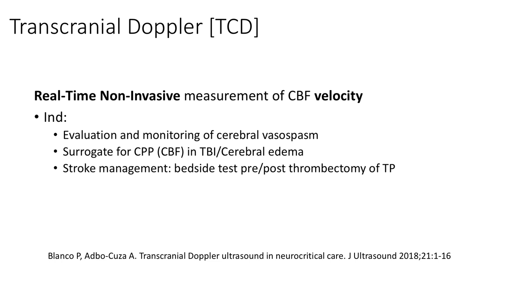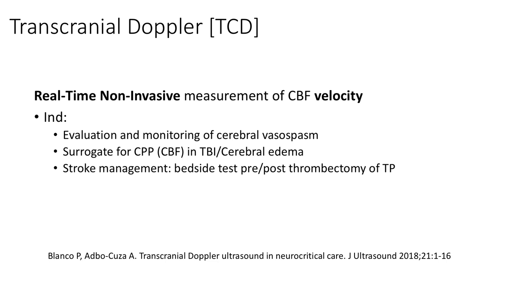Last but not least, transcranial Doppler. This now here is not a surrogate. Now here we are getting as close as possible to cerebral blood flow as we can in the clinical arena. It's a real-time, non-invasive measurement of cerebral blood flow velocity.